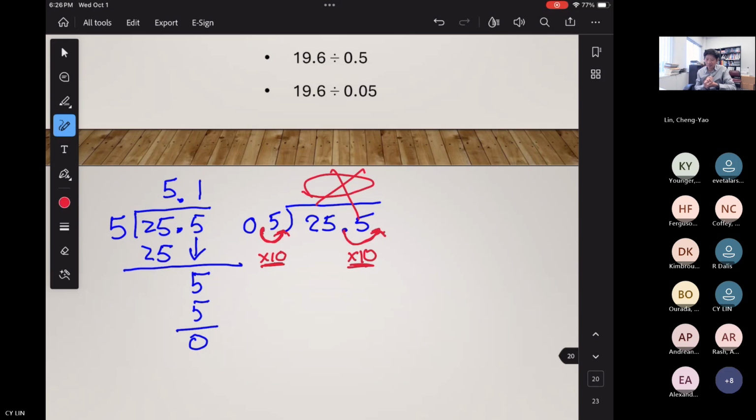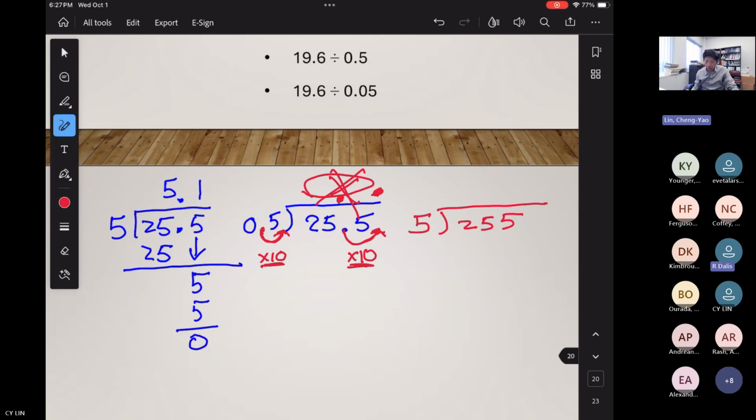So times 10 there, how about we just do it nice and clean? Times 10, we got a 5. Times 10 to 255. Remember, when I did the 50-item review, I told you not to work on here, because students will put the decimal point there or there. They are confused. Why not just start a new one?